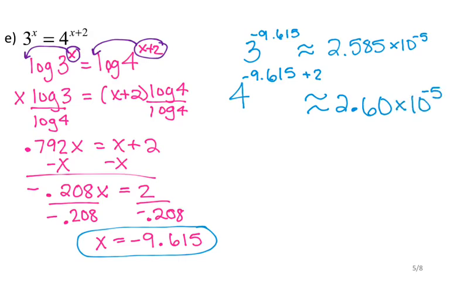Now they are not exactly equal to each other because we have been rounding as we've been working through the problem. So they'll never be exactly equal to each other unless you found the exact answer, which we're not doing. We're just using approximations. But since these are pretty close, you're good. So your answer is negative 9.615.